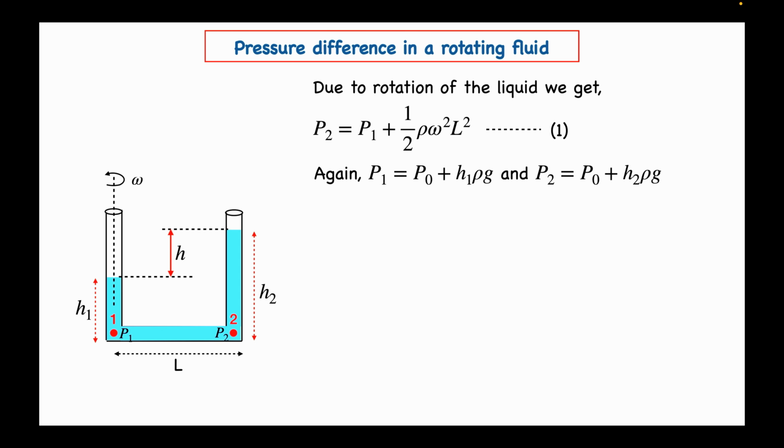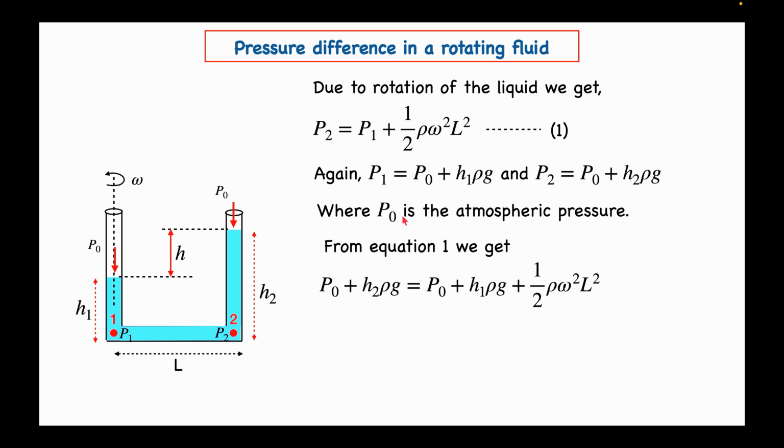Again, P1 equals to P0 plus H1 rho g and P2 equals to P0 plus H2 rho g, where P0 is the atmospheric pressure. Since the two vertical limbs are open, atmospheric pressure acts on the surface of this liquid, and we get P1 equals to P0 plus H1 rho g and P2 equals to P0 plus H2 rho g.